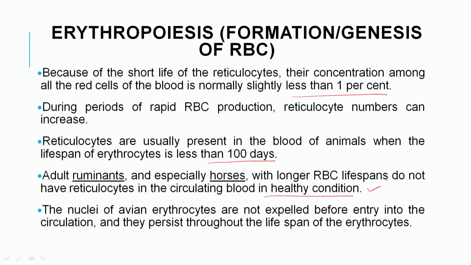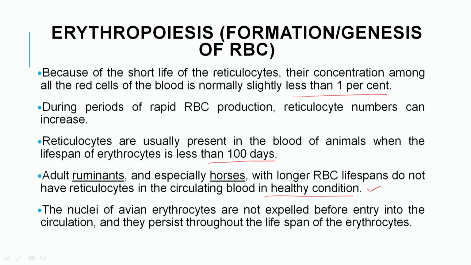That is the case especially in ruminants and horses, where the lifespan of RBCs is around 125 to 150 days. The nuclei of avian erythrocytes are not expelled before entry into the circulation, and they persist throughout the lifespan of the erythrocytes.